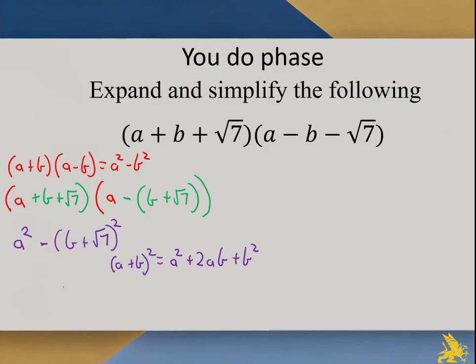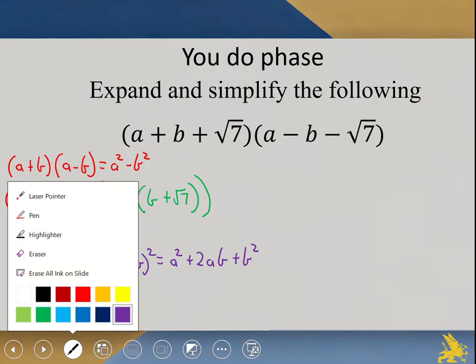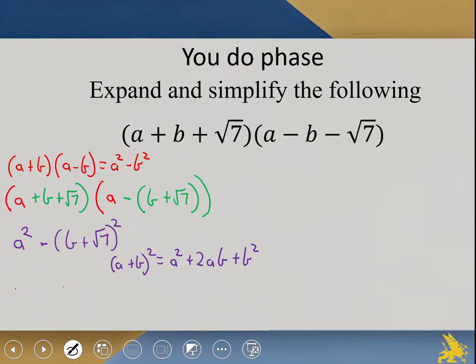If we apply that knowledge, now just remember I'm going to keep my a squared at the front. Okay, so in this case here, this is now a and this is my b. So I will go b squared.